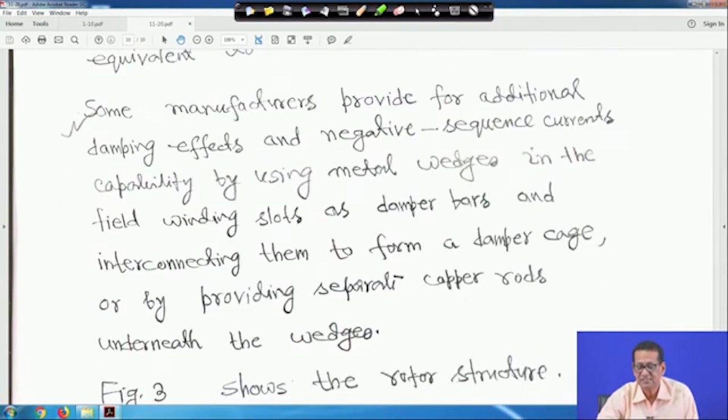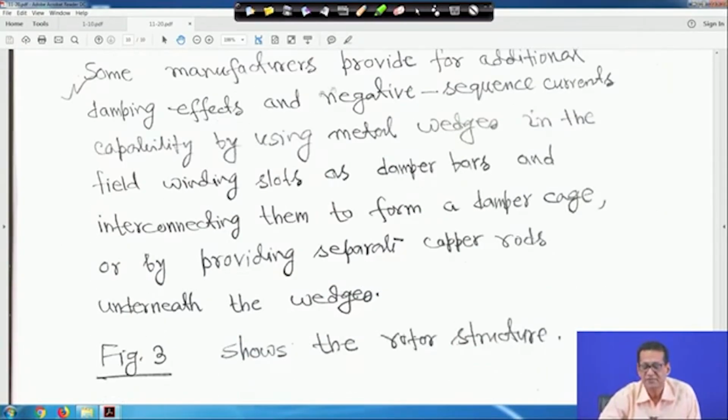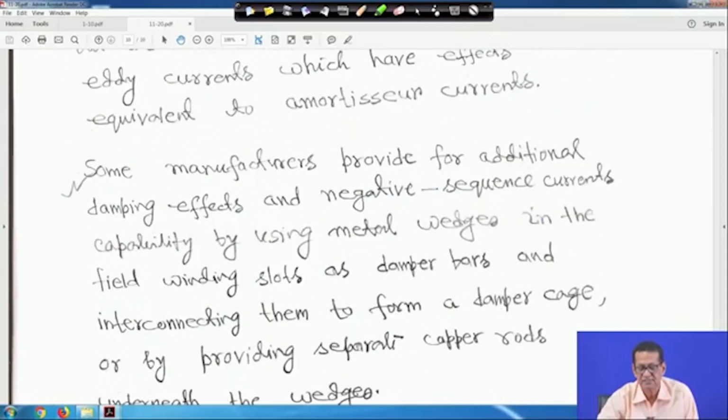Some manufacturers provide for additional damping effects and negative sequence current capability by using metal wedges in the field winding slots as damper bars and interconnecting them to form a damper cage, or by providing separate copper rods underneath the wedges. So, figure 3 shows the rotor structure that we will see later.